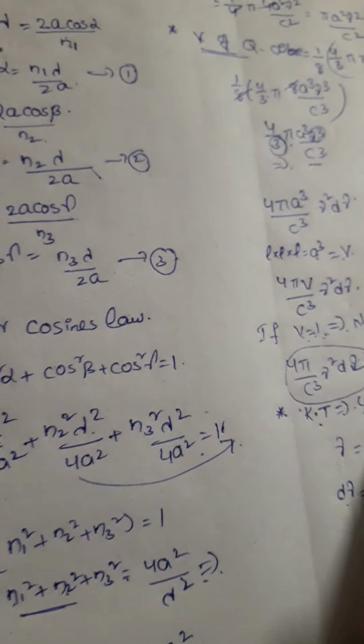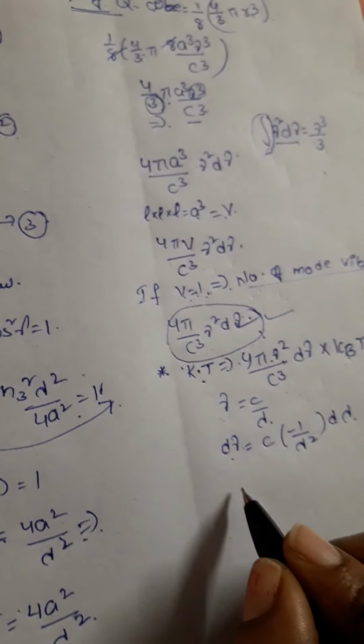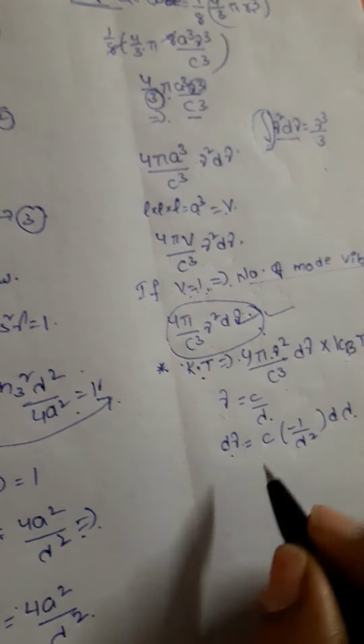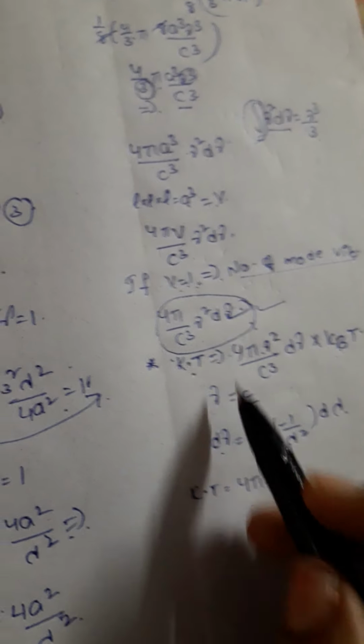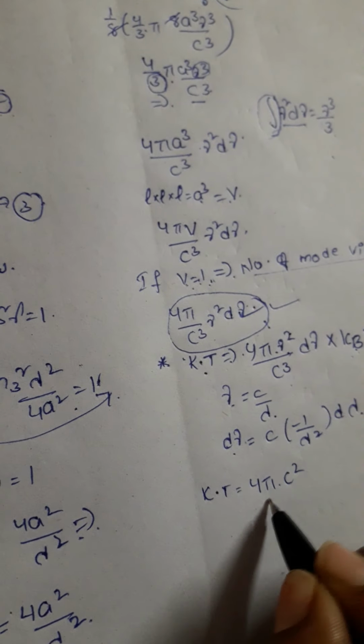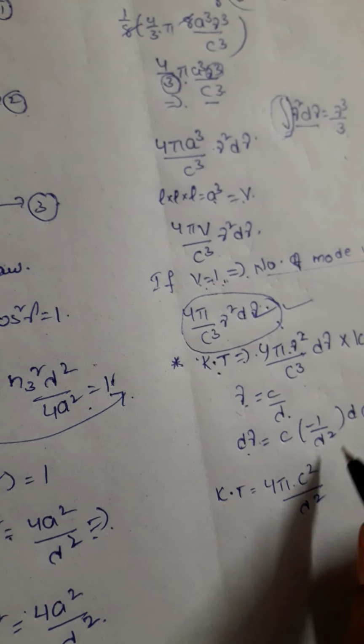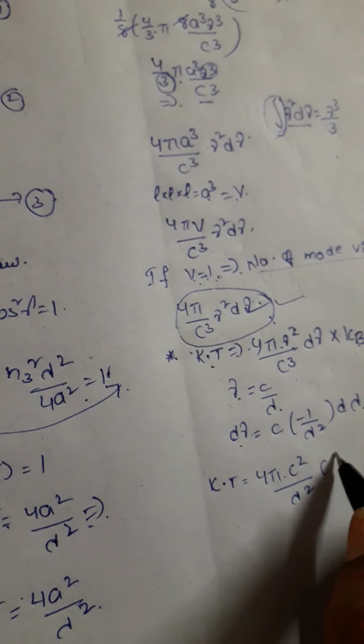Kinetic theory equals 4π μ² means c² by λ², dμ means c into minus 1 by λ² dλ into kBT. Here the denominator c³ is also there. This is c², c³ again, this is c³.